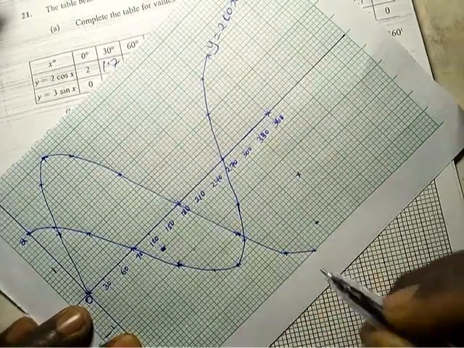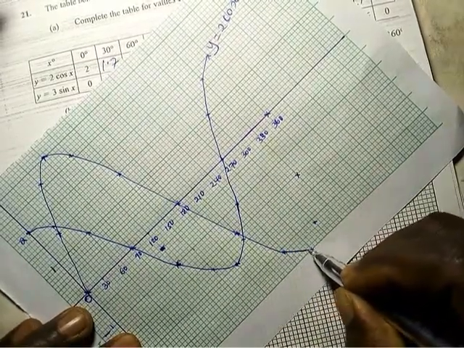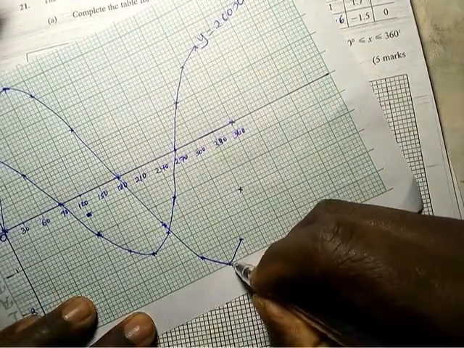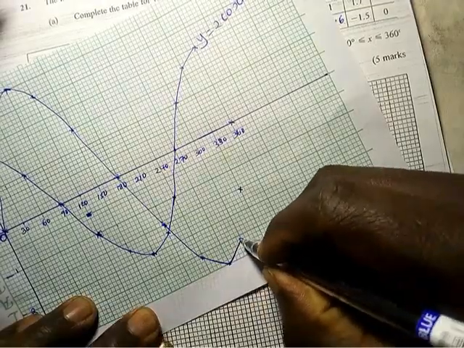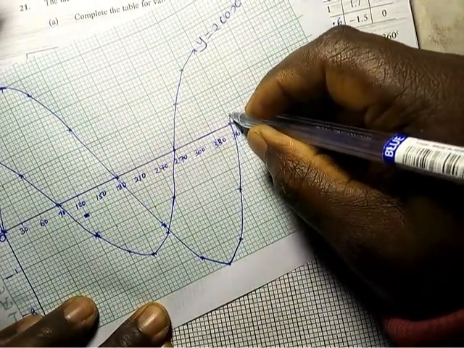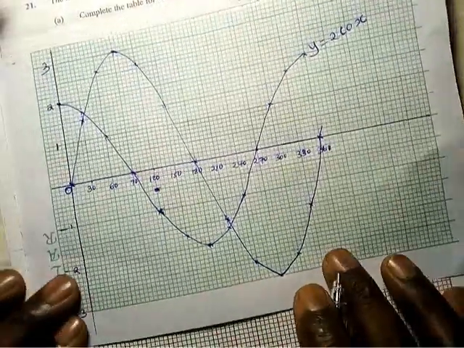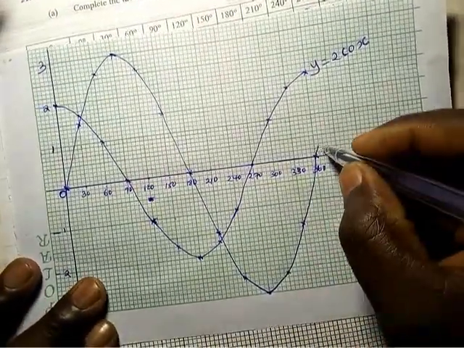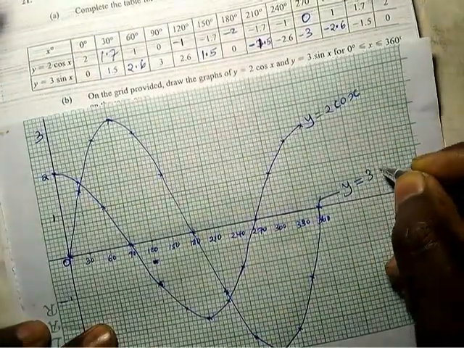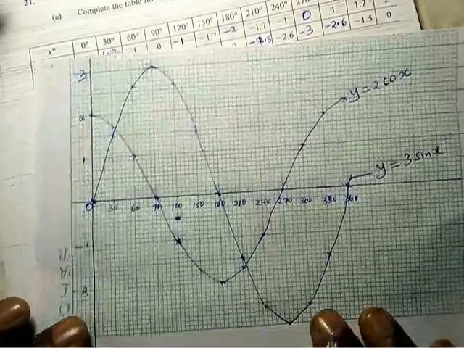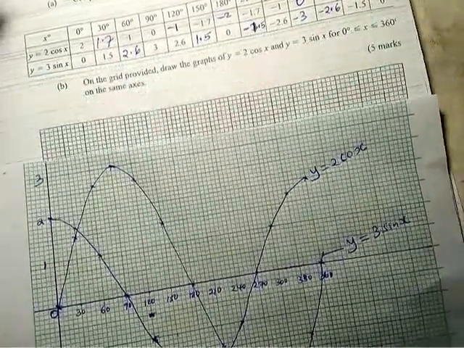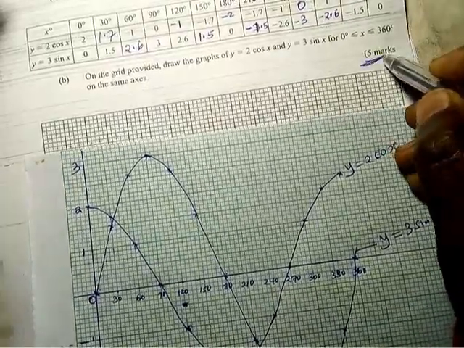You see I'm using a free hand. Now we have these two curves, and name this one y is equal to 3 sin x. So by so doing, you have your marks scored. 5 marks, 3 marks.